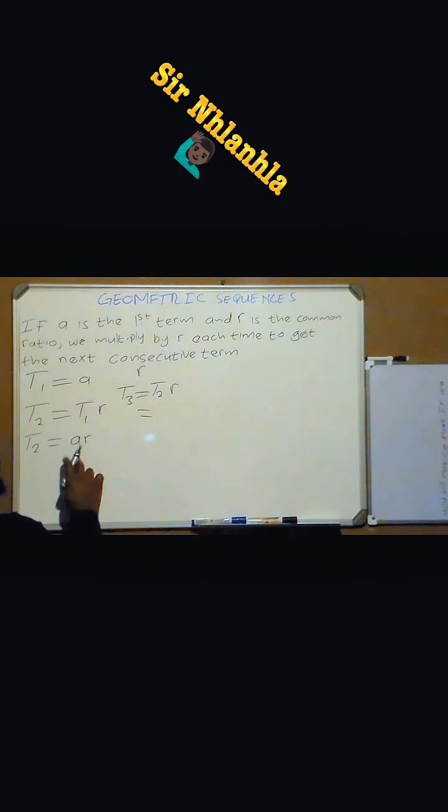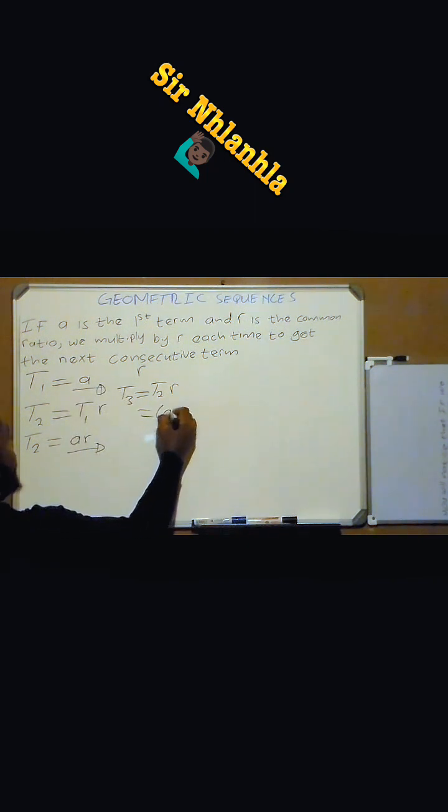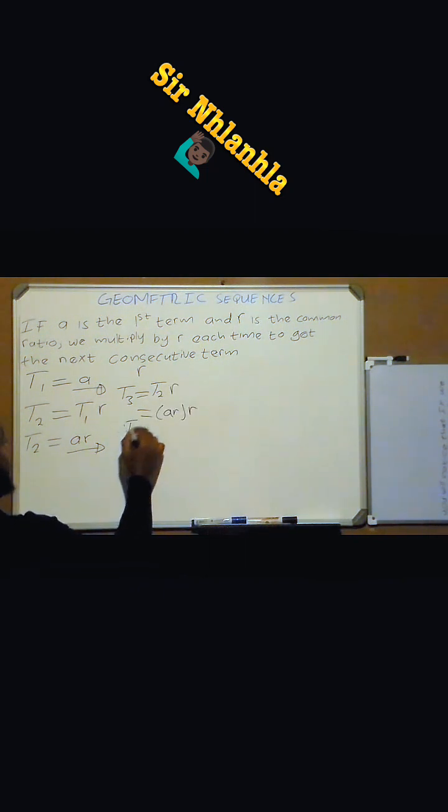T2 is ar, multiplied by the common ratio. Therefore T3 is equal to ar squared. r multiplied by r, you remember, is r squared. Anyway, grade 12, you should know.